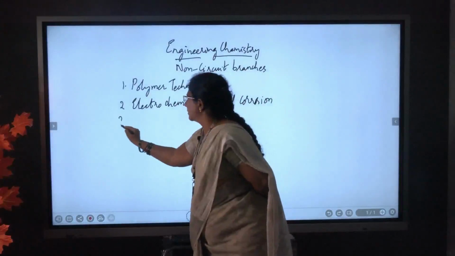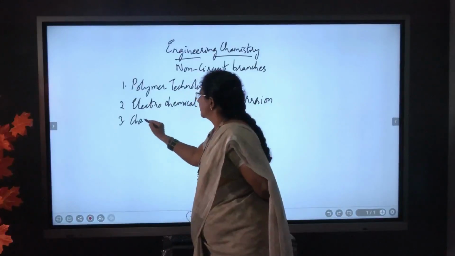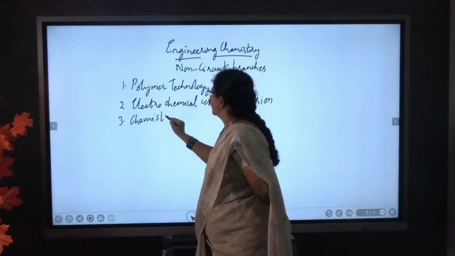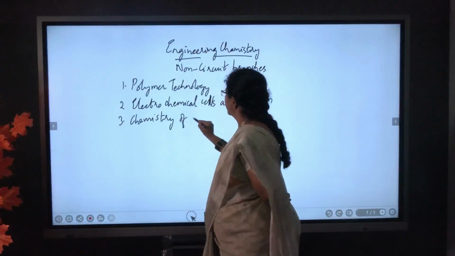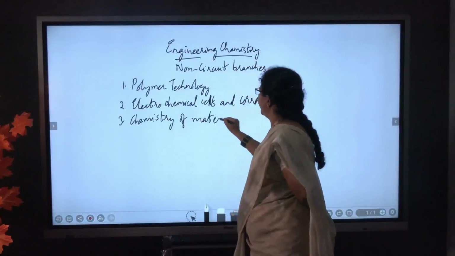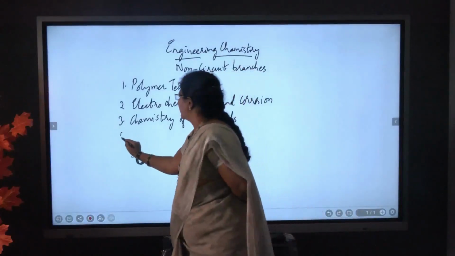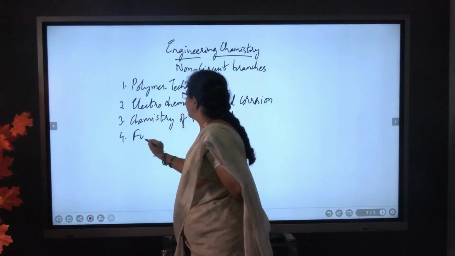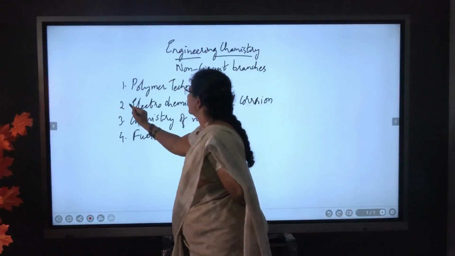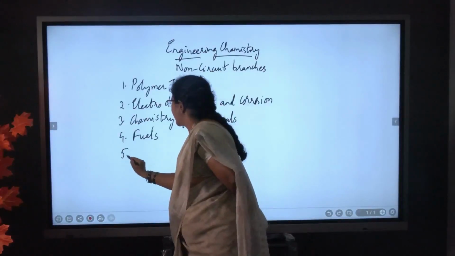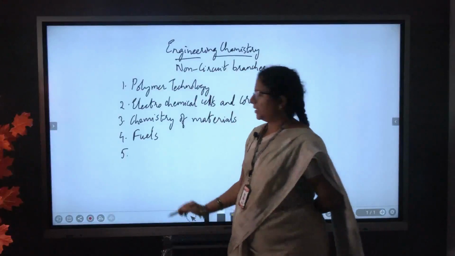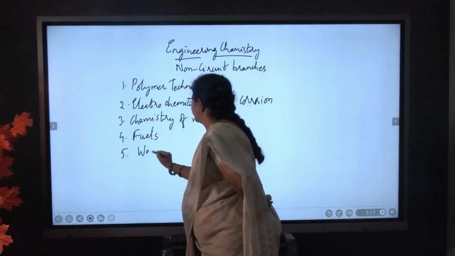Third unit is Chemistry of Materials. Fourth one, Fuels. And the last unit, fifth unit, is Water Technology.